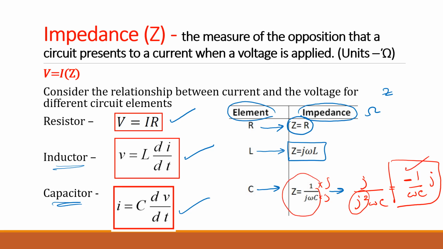So we should know how to convert capacitance to impedance and inductance to impedance. That is what we need to do in the next part. Are we good? Any question? Okay, write this down.